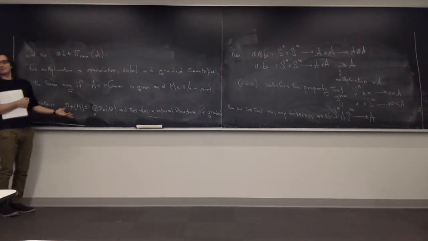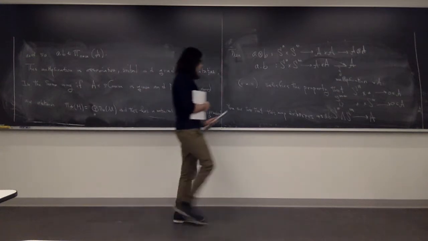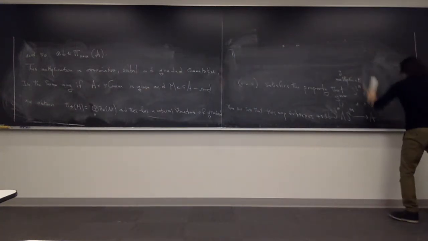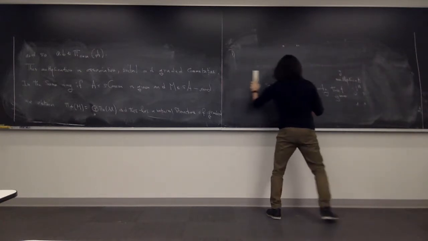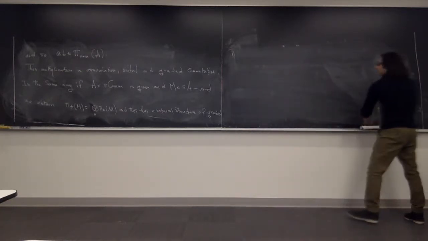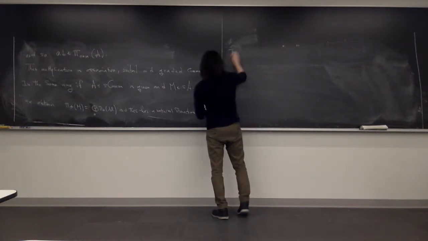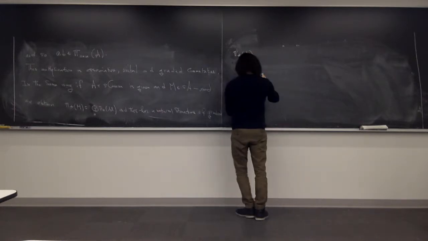I star A. That's it. Natural structure of a graded group, graded module. Structure of a graded I_0 of A module.